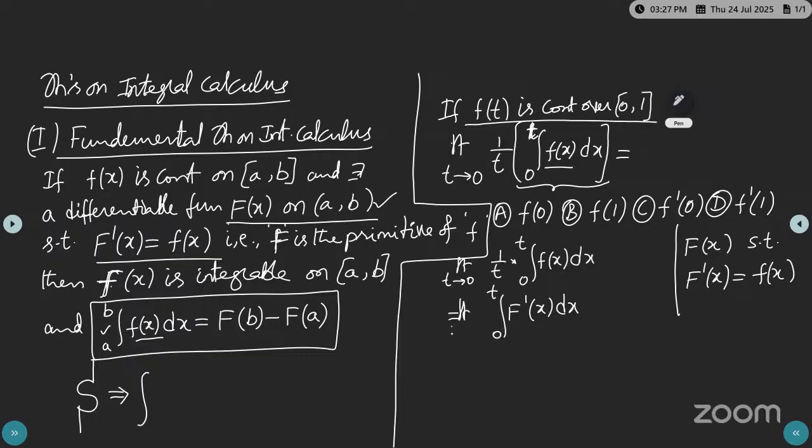Derivative and integral get cancelled: capital F of t minus capital F of 0.